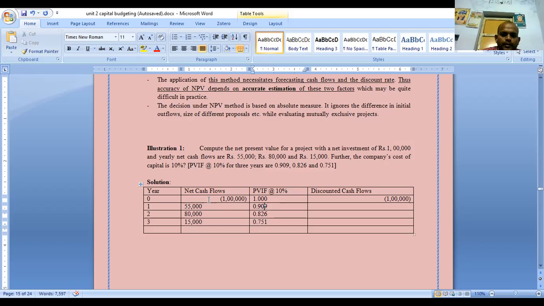We have to multiply these cash flows with the present value interest factor. So amounts will be 49,995, 66,080 and 11,265.